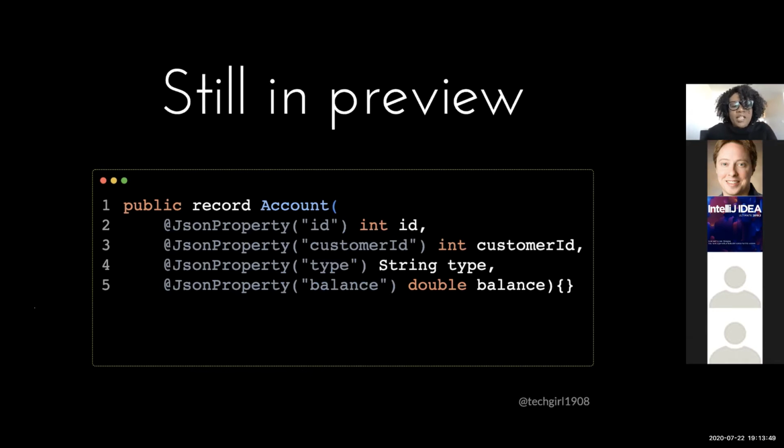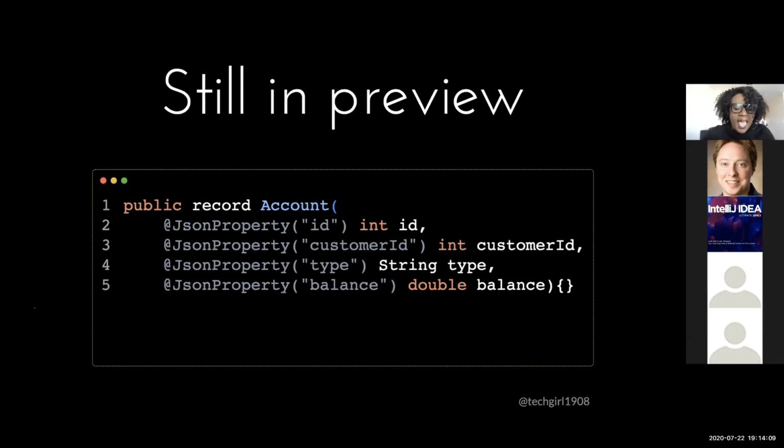With it being a preview feature, that also means that support from external libraries might not be available just yet, right? For example, the Jackson library, that's used to serialize that JSON response into this record. However, the Jackson library doesn't officially support records last time I checked.